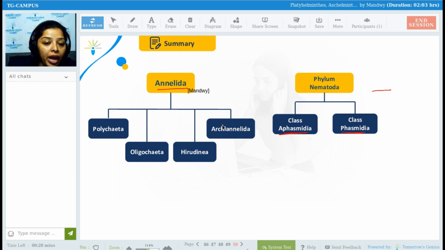Then we discussed the general characteristics of Annelida and the classification of Annelida on the basis of presence or absence of parapodia, setae, and segmentation. So we have Polychaeta, Oligochaeta, Hirudinea, and Archaeannelida. So this was all about three phyla.